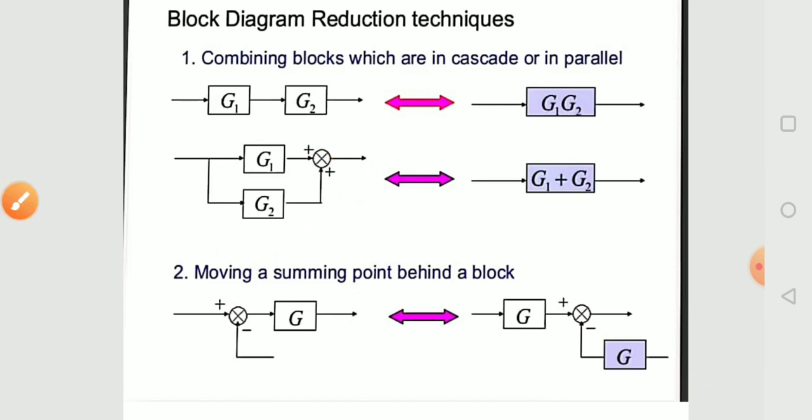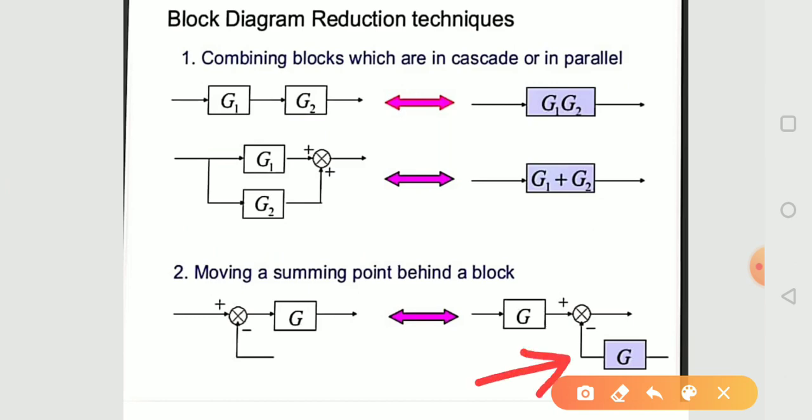The second is moving a summing point behind a block. So if we want to move a summing point behind a block, after moving it, we multiply by this gain. If we see here, some signal x1 is here, and x2 is here.